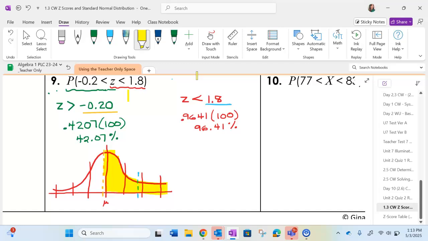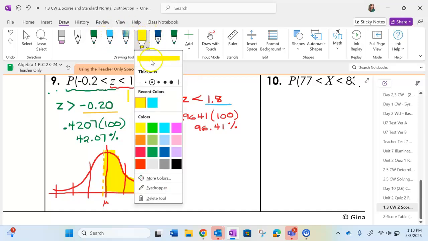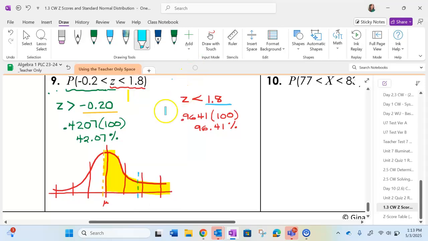So there we go. Greater than that. Okay. This one over here says less than 1.8. Okay, I'm going to do the blue. And I'm going to do less than 1.8, which is really all this also.